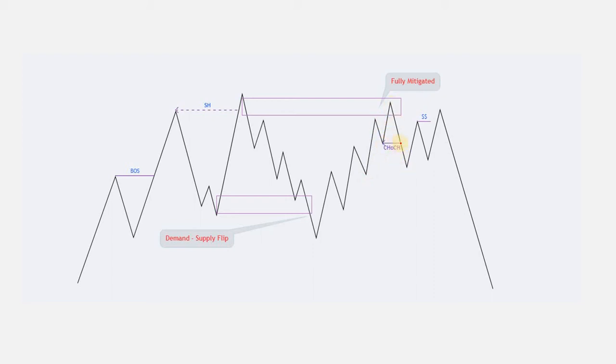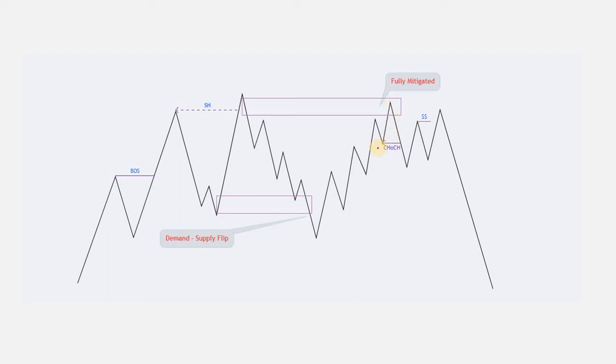That means the lower high has been traded through, which suggests to us the change of this uptrend. And you can see that I wrote here fully mitigated. This is very important. That shows that this could very well serve as our strong high, because it's the last point of true mitigation.